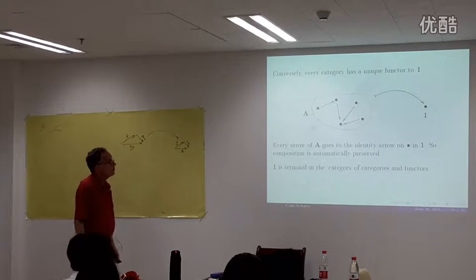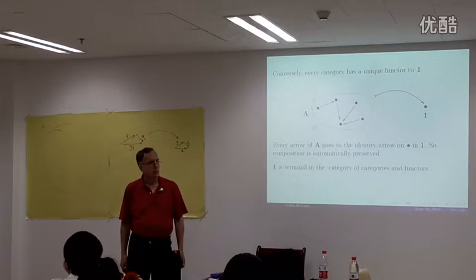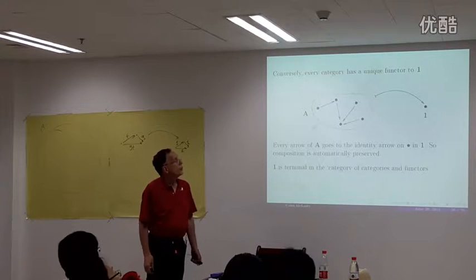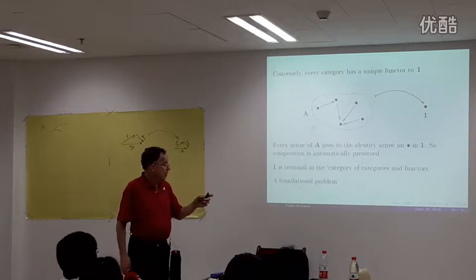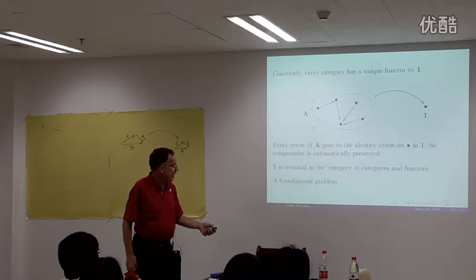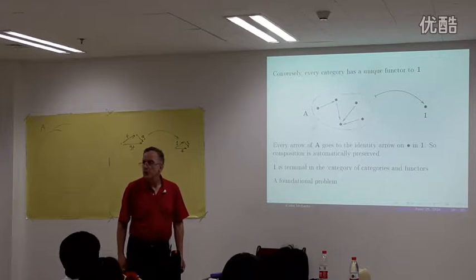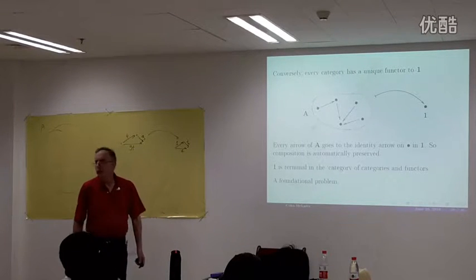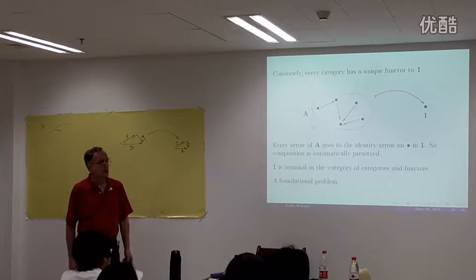And I hope when you look at this, you think, well, that's pretty persuasive. You want to say it's a terminal object in that category. It's a foundational problem because, depending on our foundation, we don't really have a category of all categories and functors. But you can't help but think about it this way. You really have to think about the category of categories.